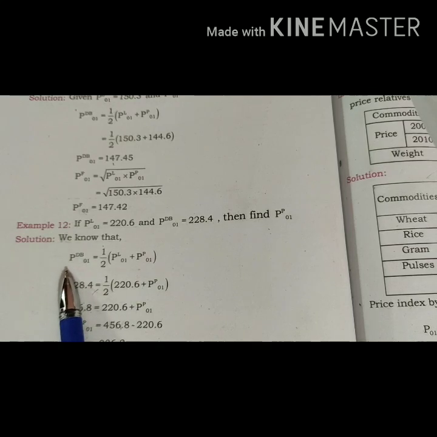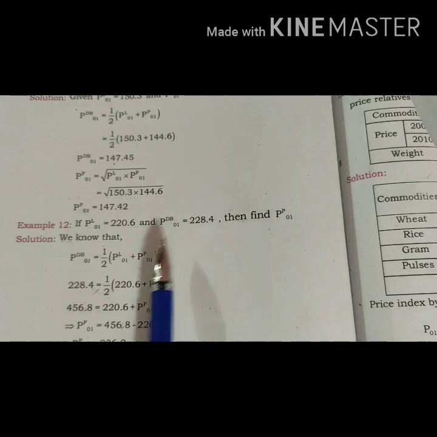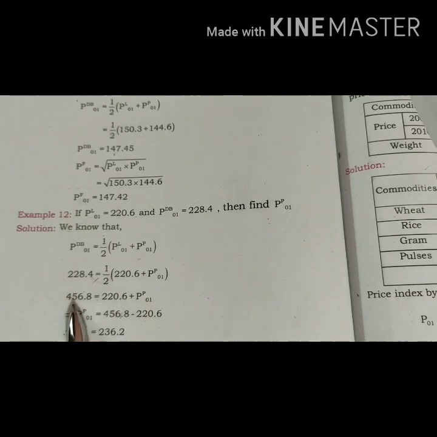We know that the price index of Drobish-Bowley is equal to half of Laspeyres plus Paasche. Substituting, PDB is equal to 228.4, which is equal to half of 220.6 plus P to the power P. Take the 2 to the other side, it will become 456.8, which is equal to 220.6 plus the Paasche price index.